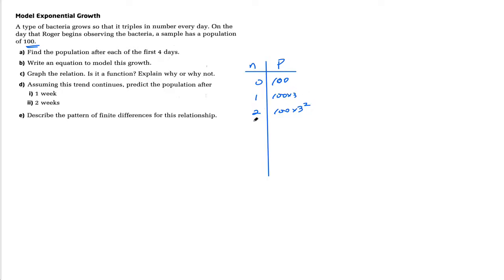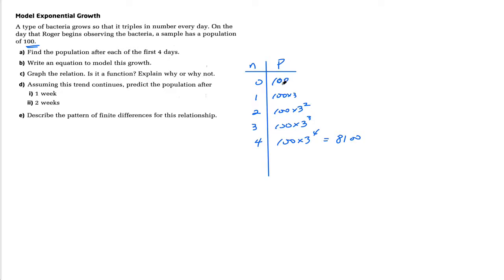Next day you multiply by 3 again, and I'm going to get that, and then that. So on day 4, 1, 2, 3, 4, we're going to have this, which is 8100. Okay, so that's how we answer part A.